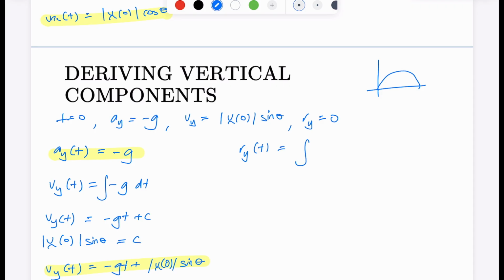So again, similar to velocity, I need to integrate my velocity equation with respect to t. So if I integrate this, it will be negative gt squared and then times by half.